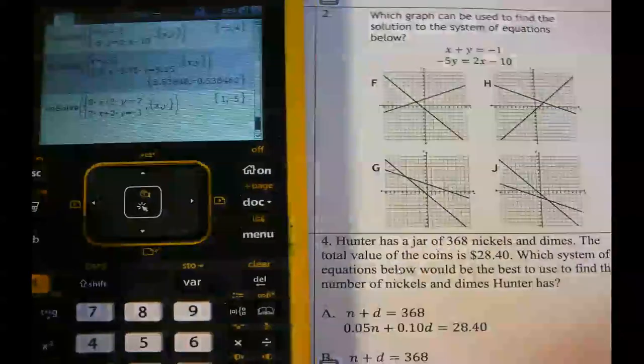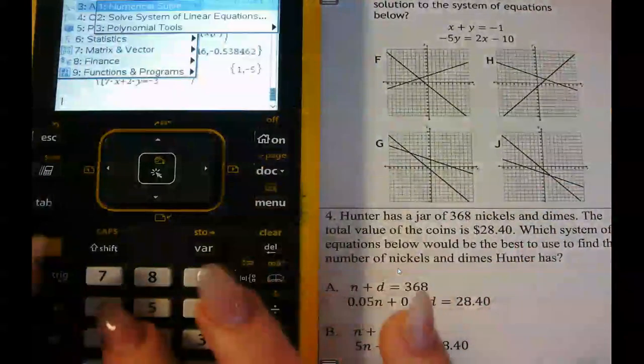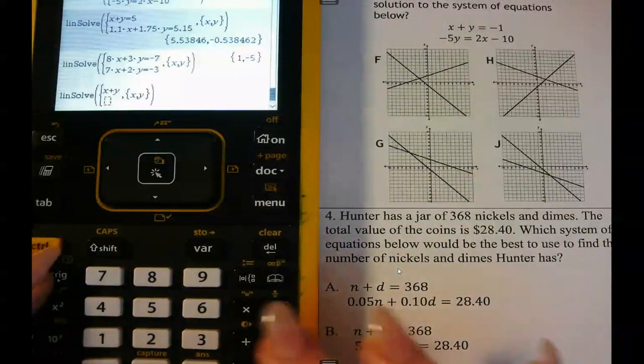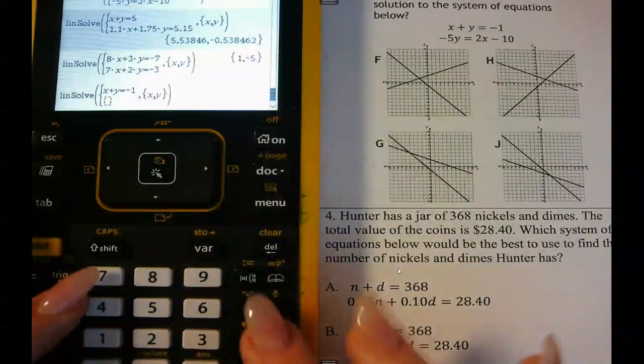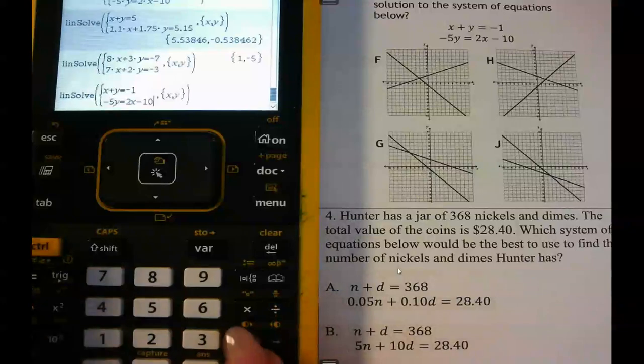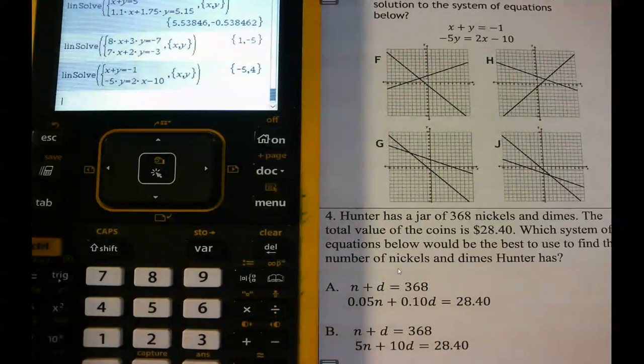So what I would do is go to menu 3, 2, solve it, and type them in. x plus y equals negative 1, negative 5, y equals 2x minus 10. And that gives me negative 5, 4.